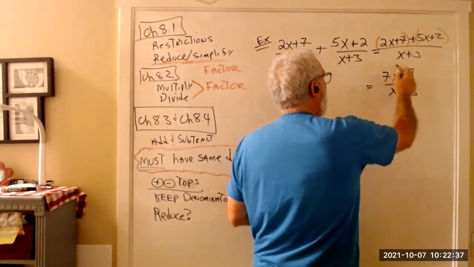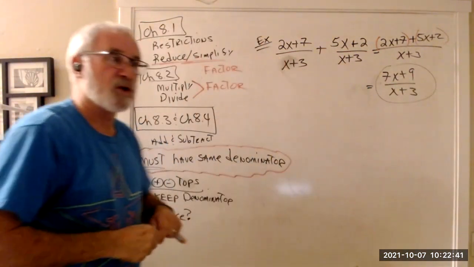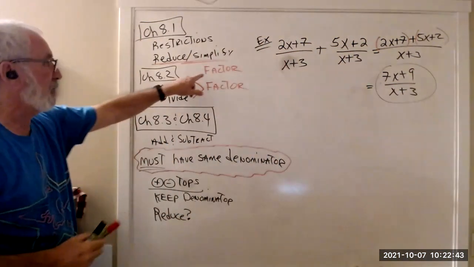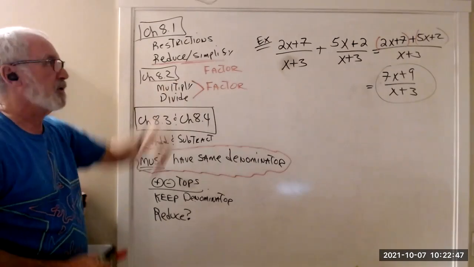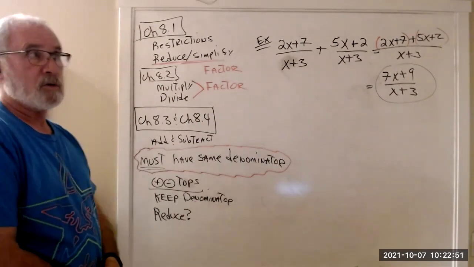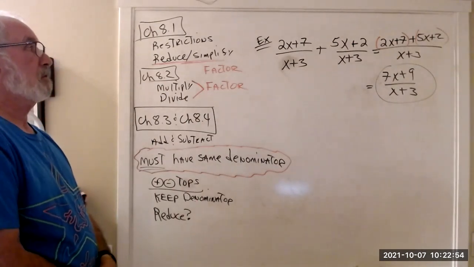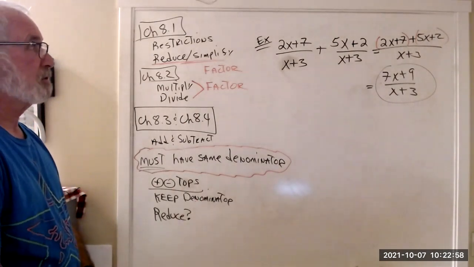And it turns out that particular one does not reduce because it does not factor. Nothing in that problem factors, so it doesn't reduce. And that's about the easiest problem I can give you. Okay, add or subtract the numerators.